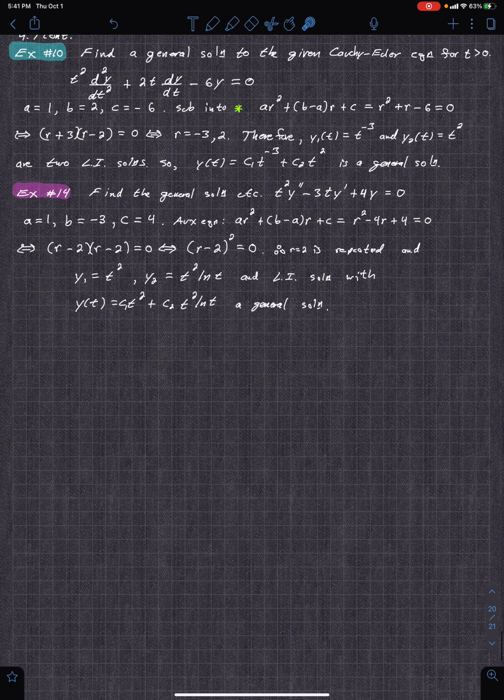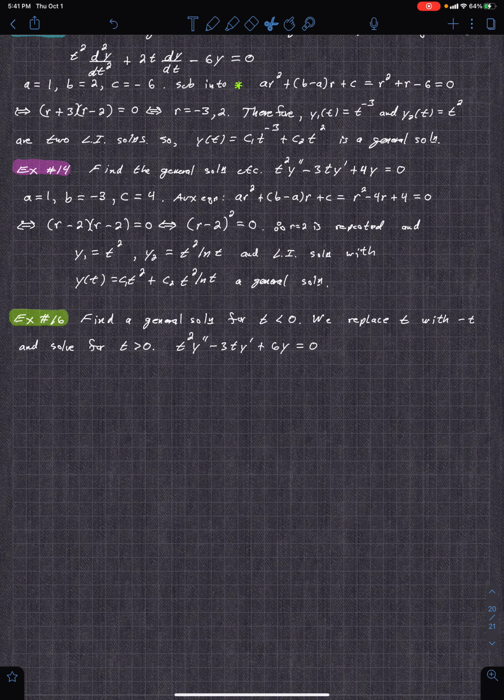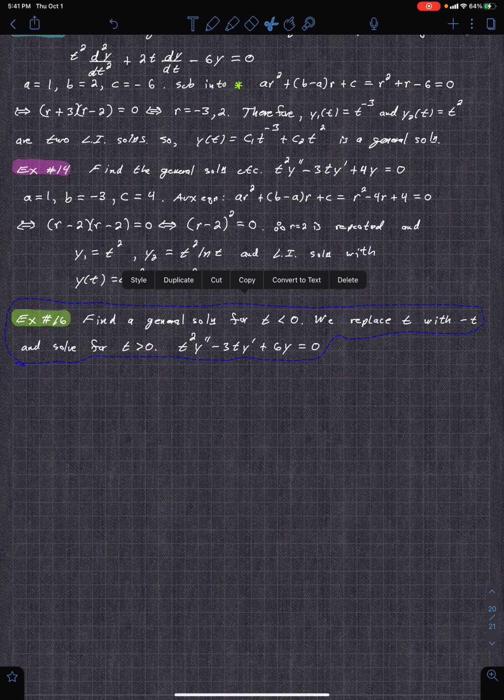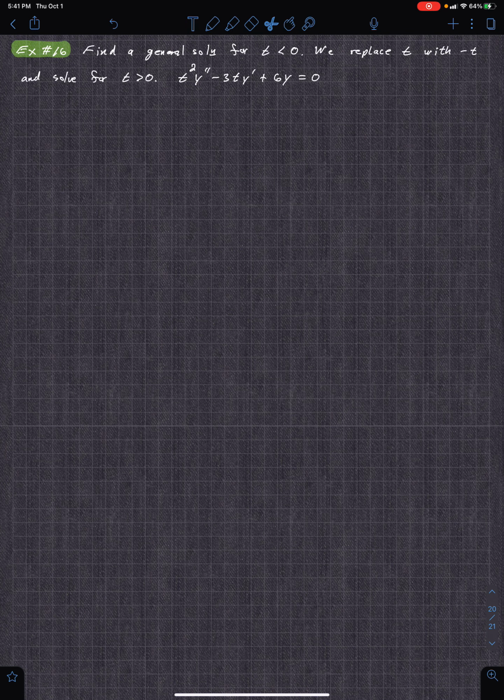Now let's look at another case. This is going to be the complex case. But we're gonna look at the case where t is less than 0. Okay, so here's 16. So find the general solution for t less than 0.